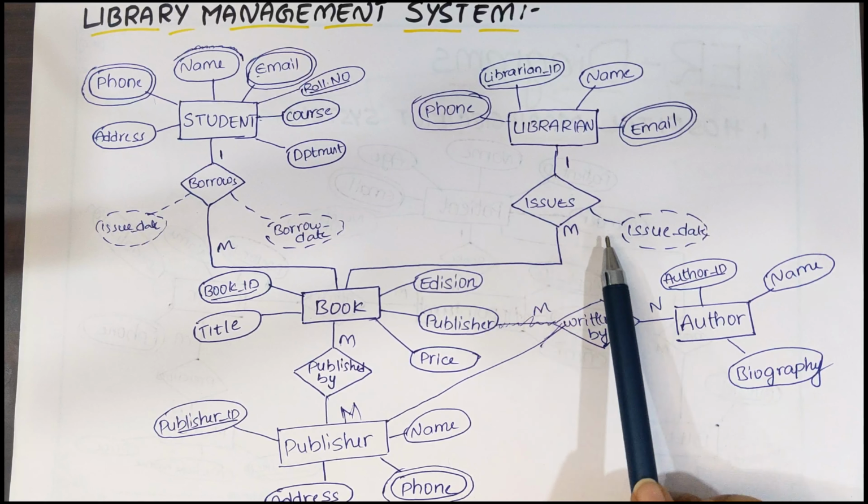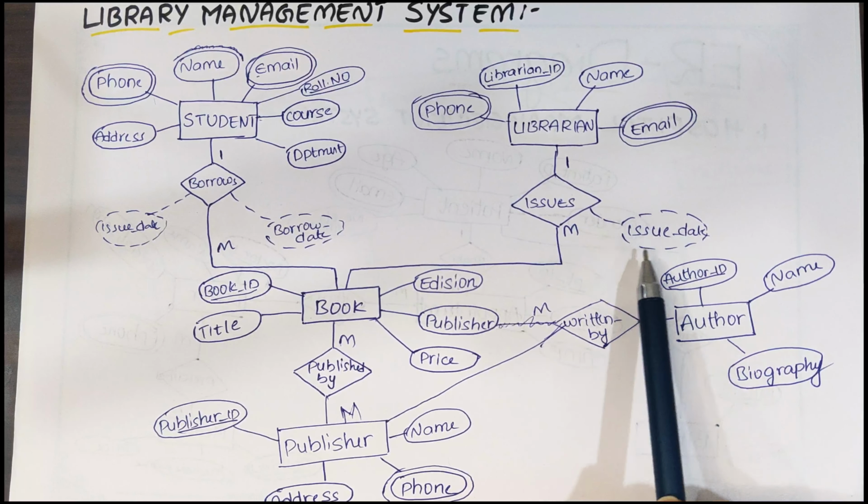Like issue date will be written in the form of this derived attribute, because it will be derived based upon the date he gave. It will be calculated, right? And many books will be taken from a single librarian. Librarian will be the one, so many to one relationship. Librarian do have its own attributes like phone number, librarian ID, name and email. That's all about library management system.